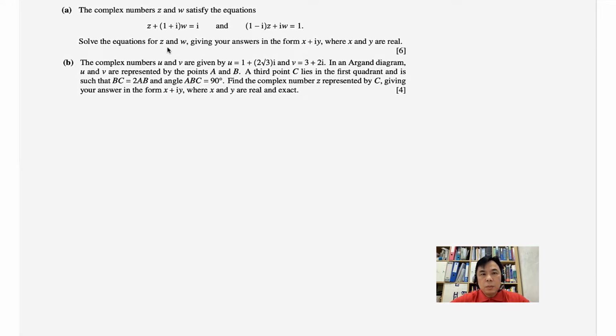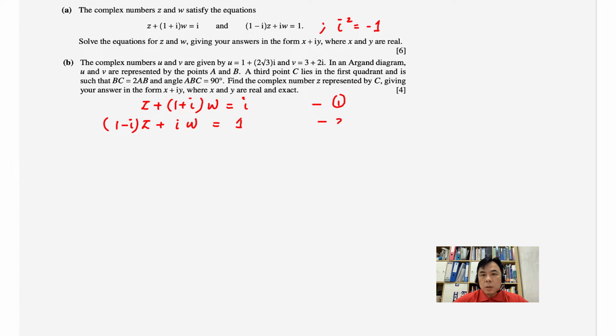All right, so from here we have z plus (1 plus i)w equal to i, whereby I need to denote again that i squared, which is a complex number, equals -1. Now we're going to label this as equation number 1, and then the second one being (1 minus i)z plus iw equal to 1.